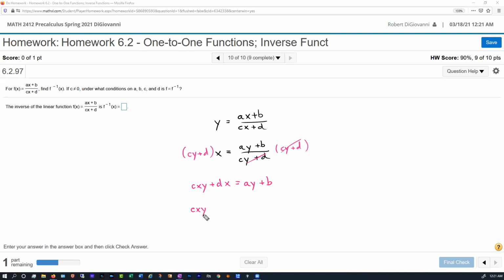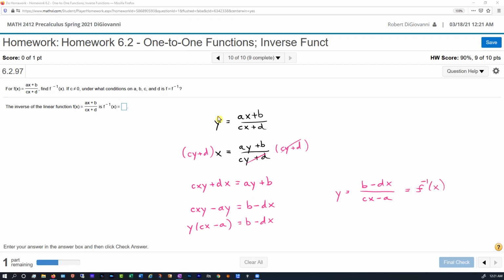Let's move all the y's to one side, and everything that does not have y goes to the other side. Factor a y out, and then divide both sides by cx minus a. All right, so there's our inverse function.